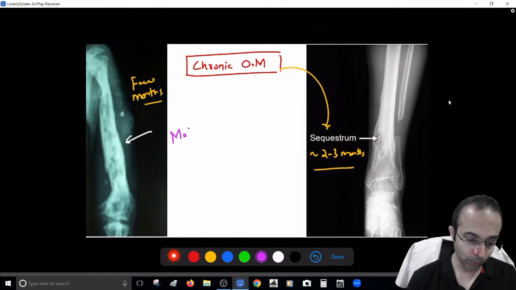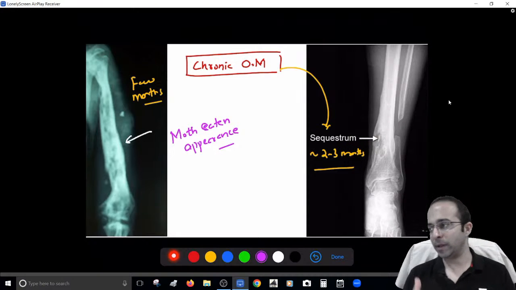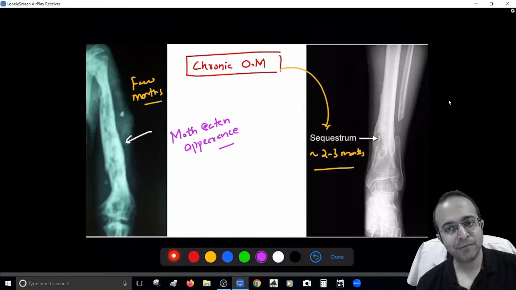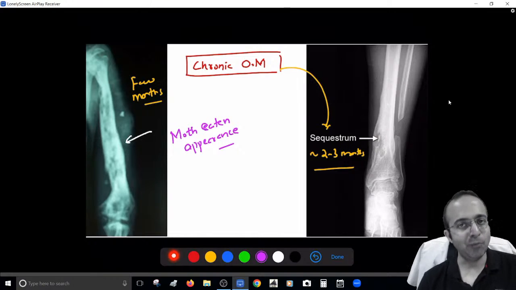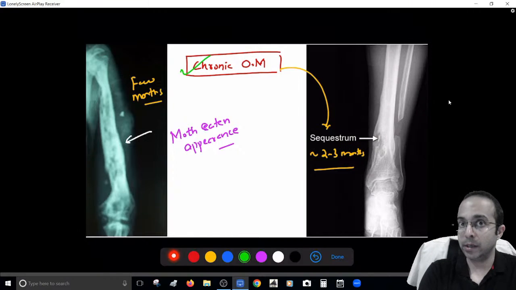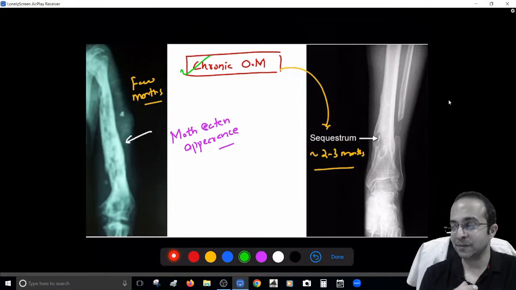Like you can see this humerus all eaten up by infection, and this particular appearance that I'm showing you, we guys call it as the moth-eaten appearance. So early cases you would find sequestra, late cases you will find the moth-eaten appearance when you talk of chronic osteomyelitis. So Megha, clear as to what is cloaca and what is sinus?